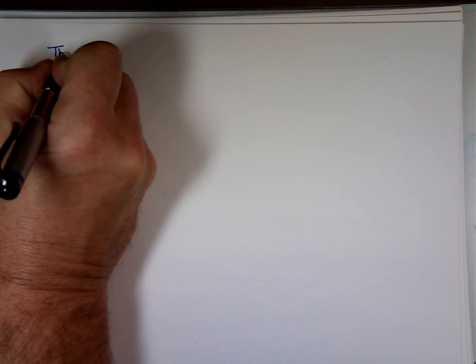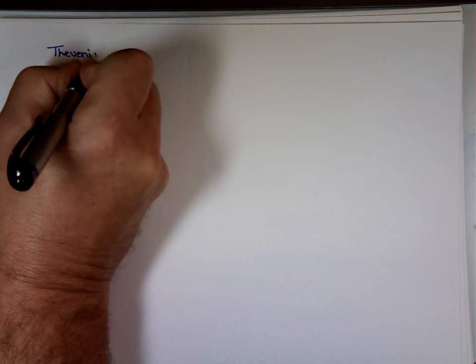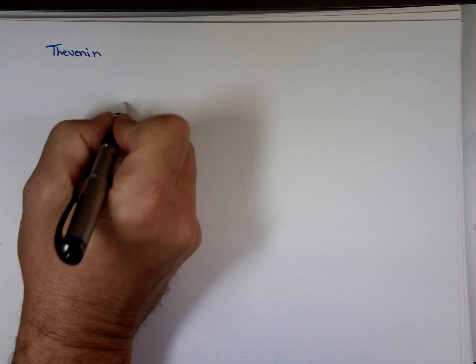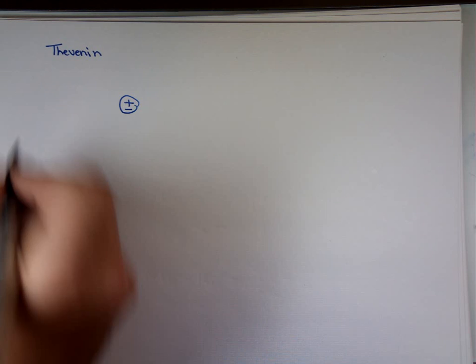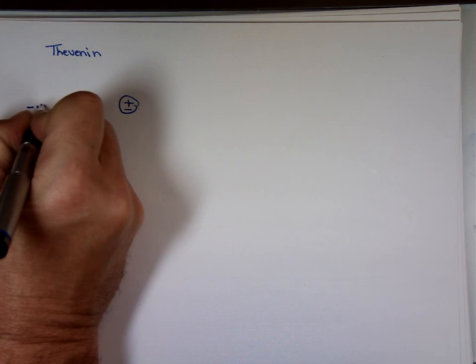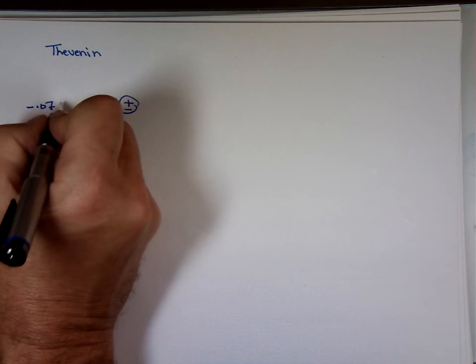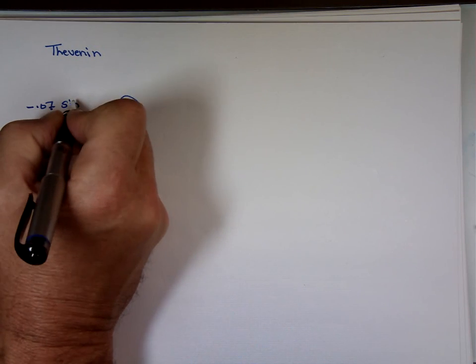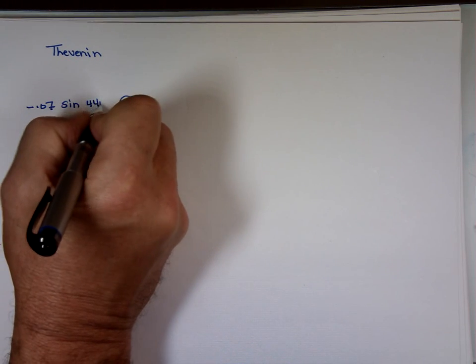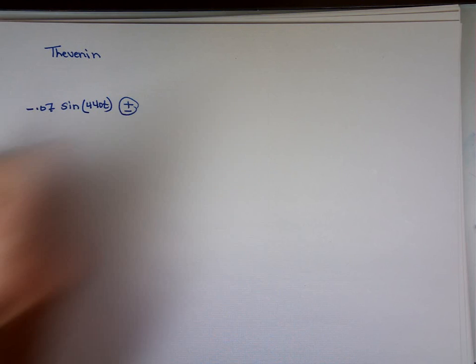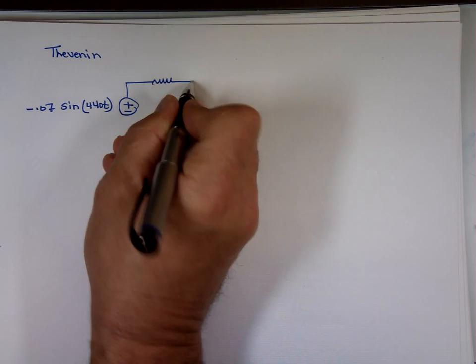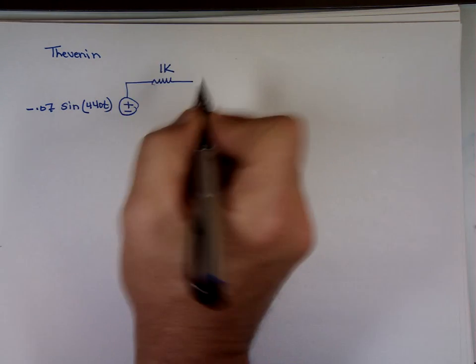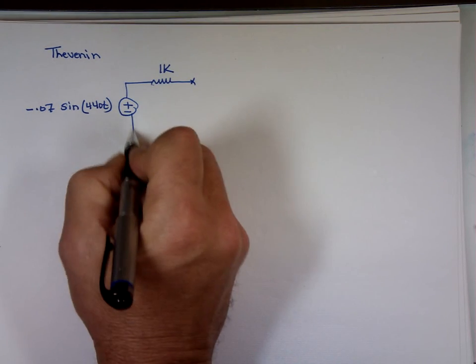We can replace that with the voltage source of V Thevenin, which is V open circuit, that's negative, which means really pointing down, but I use negative 0.07 sine 440t, in series with what? With the resistor of 1K, that's our Norton, our Thevenin. And there's a 2K right here.